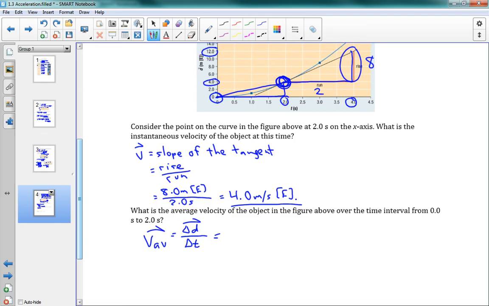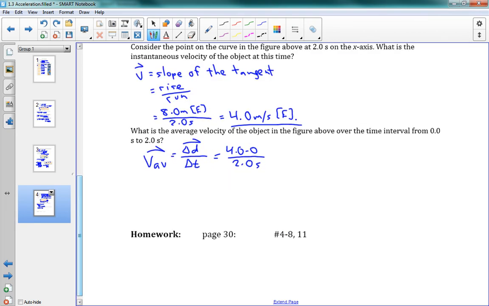So we ended at 4. We started at 0, and that happens over 2.0 seconds. So then we can say that our average velocity here is 2.0 meters per second east. And you can see that these two numbers are pretty different, so that at 2 seconds we're moving faster than the average up to that point.